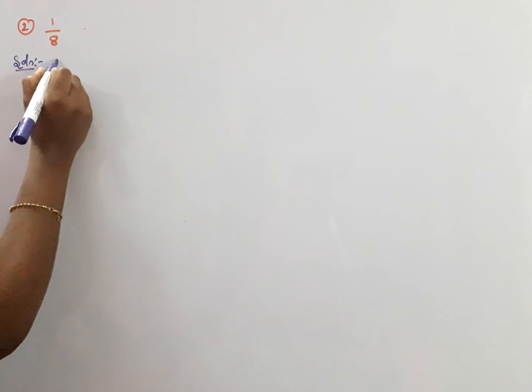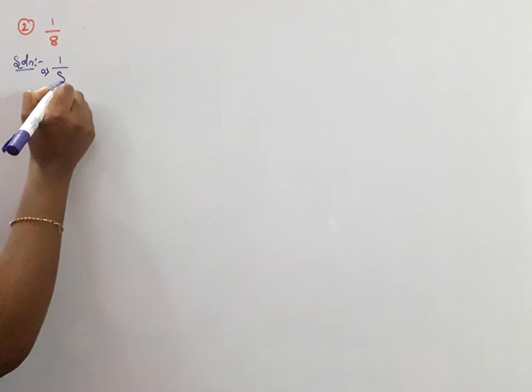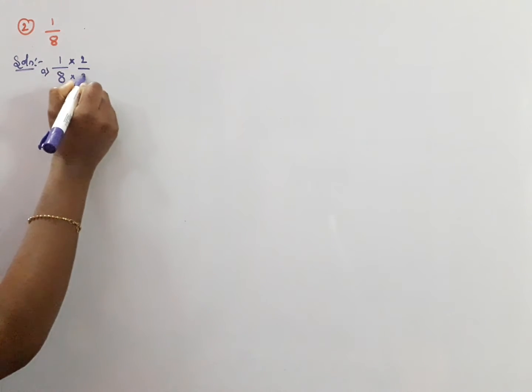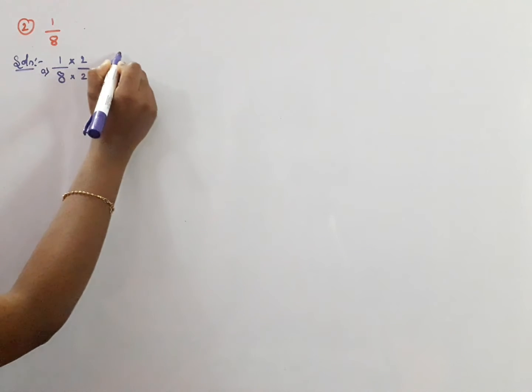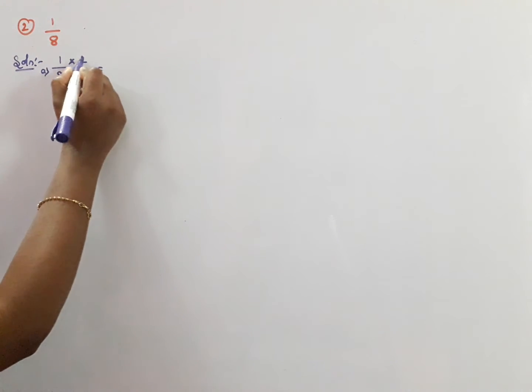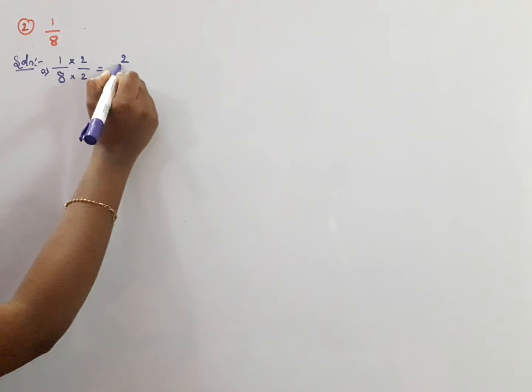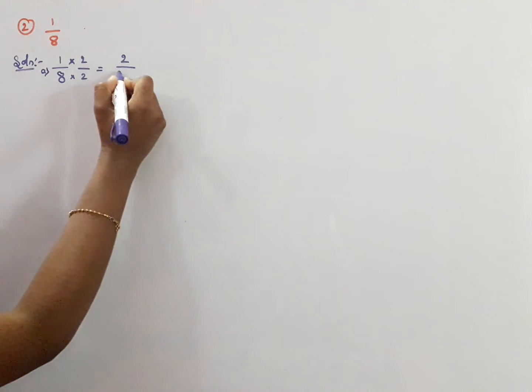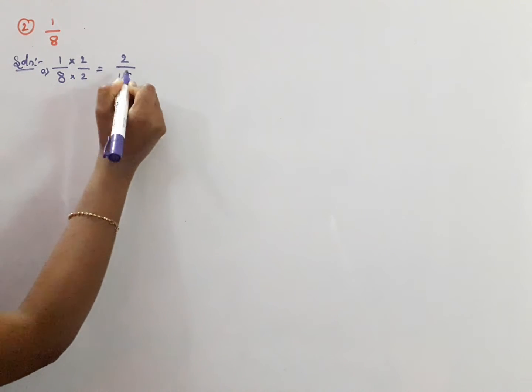Second example, write the 4 equivalent fractions of 1 by 8. So the first one, 1 by 8, now multiply with 2. 1 into 2, 2 ones are 2. Then 8 twos are 16.